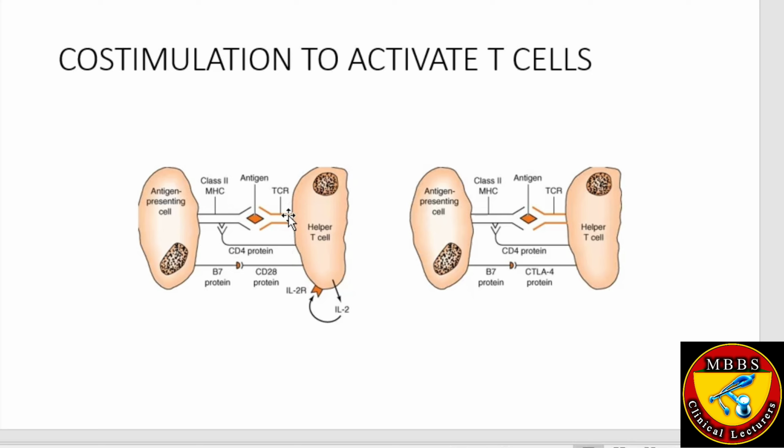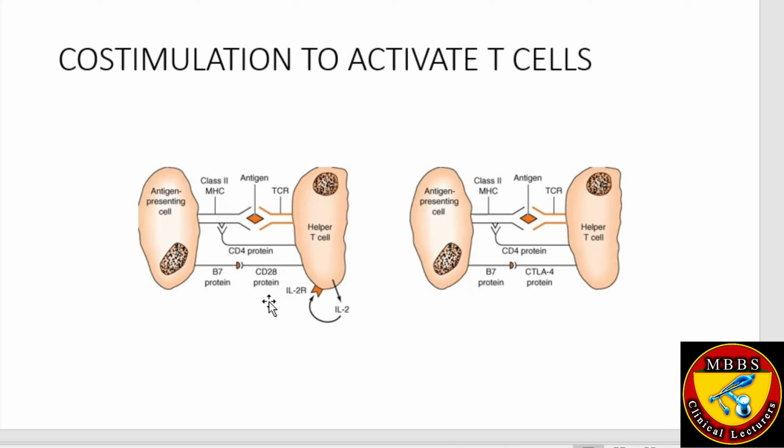The second is the co-stimulatory signal. What is the co-stimulatory signal? It is the interaction of the B7 protein on the antigen presenting cell with the CD28 protein on the helper T cell, and the same in the case of the cytotoxic T cell.